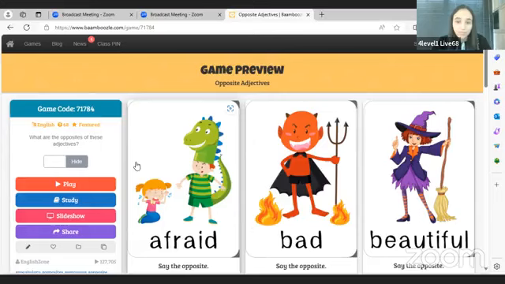All right, so these are the adjectives. The first one is afraid. Afraid. Can you tell me the opposite of afraid? Tell me in the comments, what is the opposite of afraid?